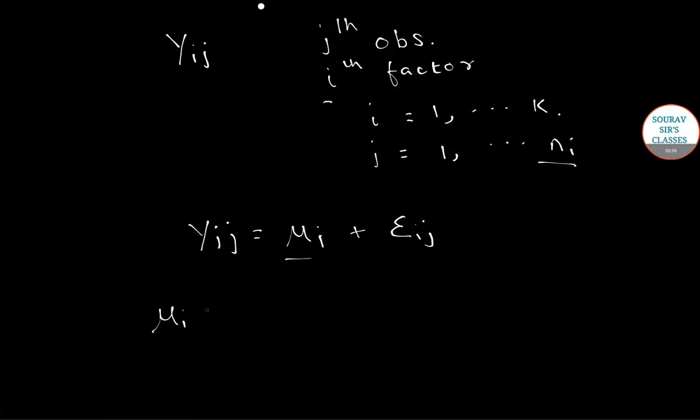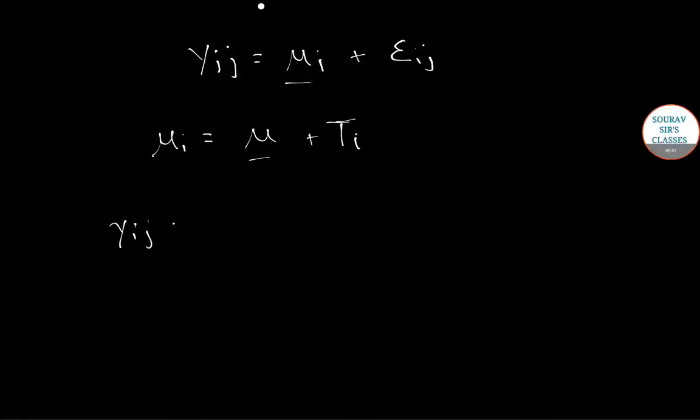This μi can be further written as μ plus Ti, where μ is the mean of all the populations, or the overall mean, and Ti is the parameter associated with the ith factor. So Yij can be written as μ plus Ti plus Eij.